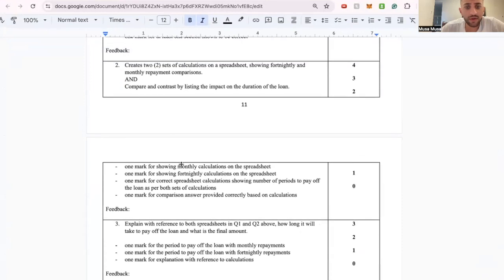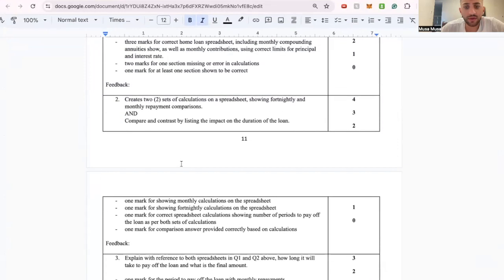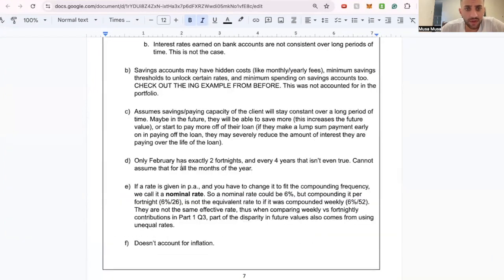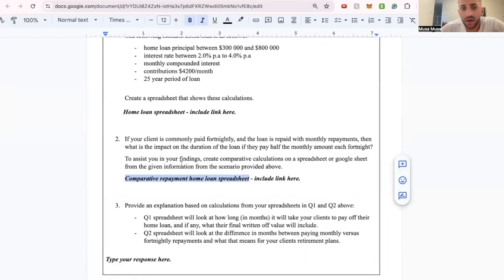One mark for comparison is provided correctly based on calculations. Okay, why did I read this as to say something else? What is the impact on the duration of the loan?